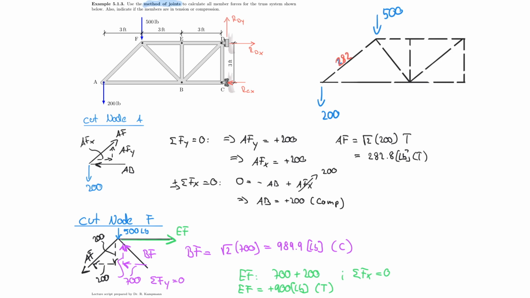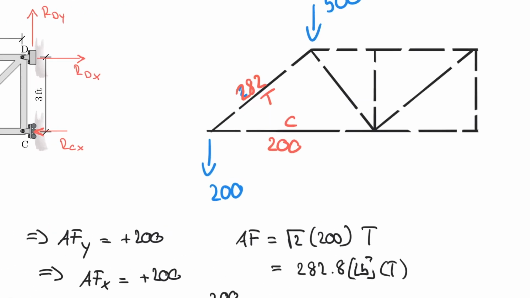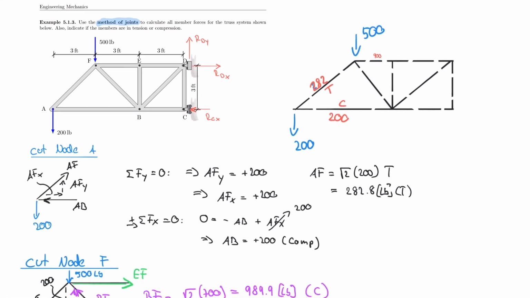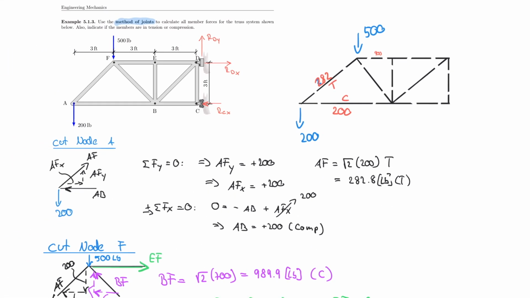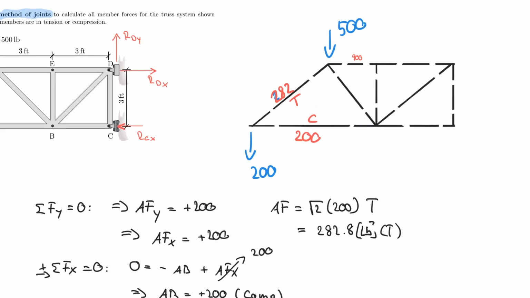And then the one on the bottom, AB, was equal to 200. And this was in compression, and this was in tension, by the way. And in my node F, I found that EF is equal to 900. So I'm going to have to zoom in for that. 900. And 900 was in tension.